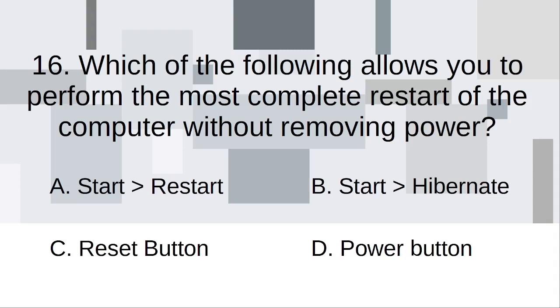D. Power button. The answer for this question is C. The reset button. So the reset button causes the computer to return to nearly the same point it is in when you power it on, but without the need for power cycling.